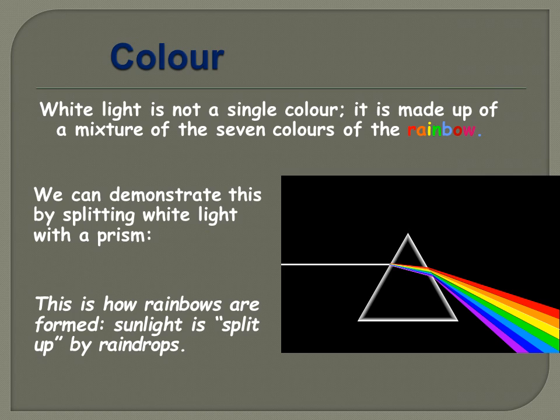Sunlight is split up by raindrops. When light falls on a drop of rain, there are different drops of rain, and a rainbow is seen. It's not that we can see only one rainbow.